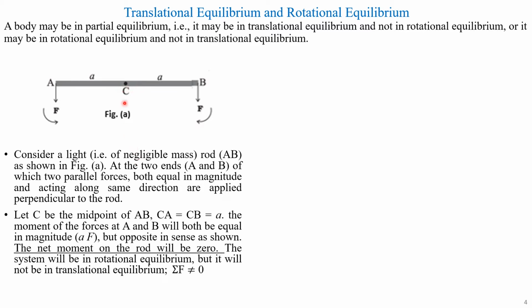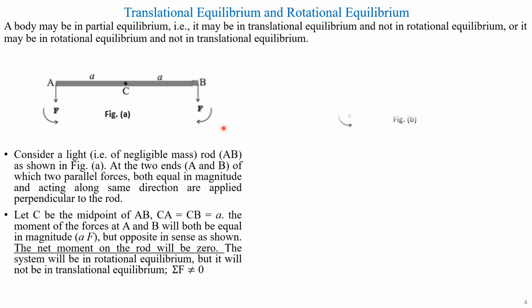The moments of forces at A and B will both be equal in magnitude, that is F into a, but of opposite sense. One acts in a clockwise direction, the other in an anti-clockwise direction. That is, A is anti-clockwise and B is clockwise. The system will be in rotational equilibrium, but it will not be in translational equilibrium because sigma F is not equal to 0.